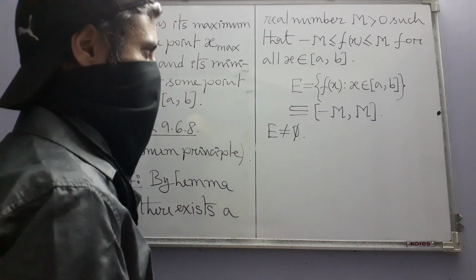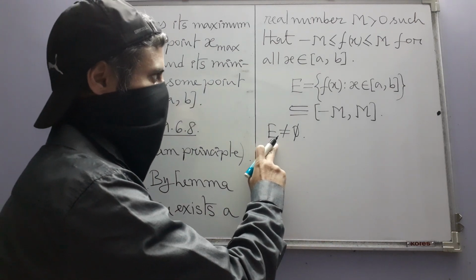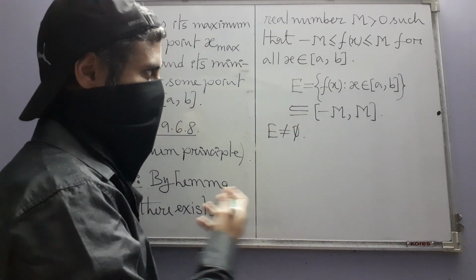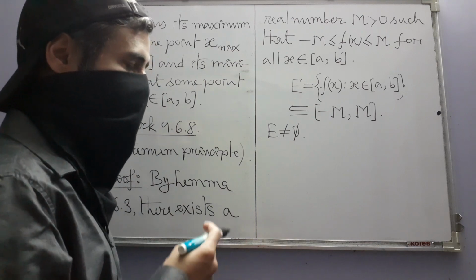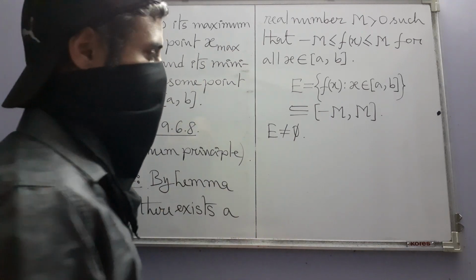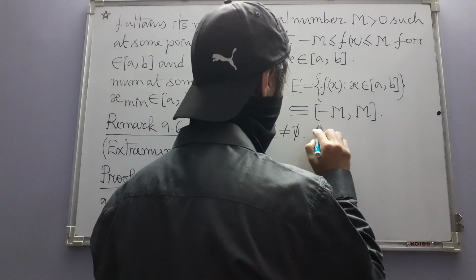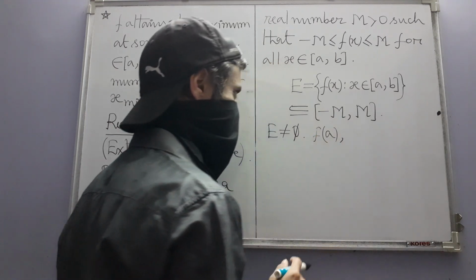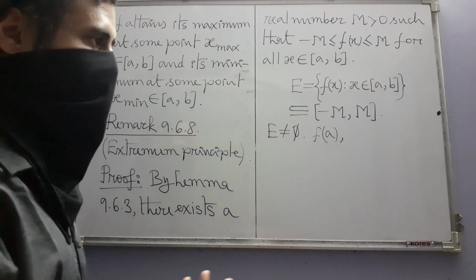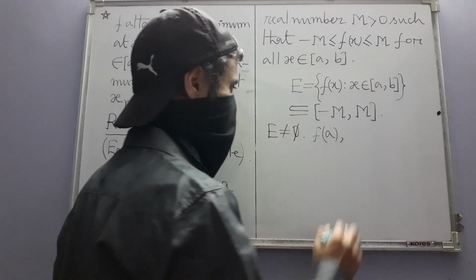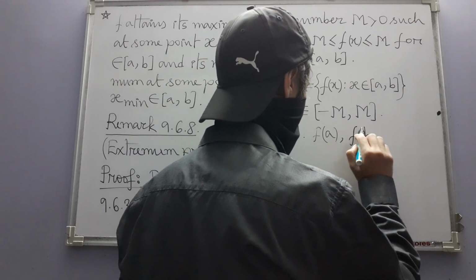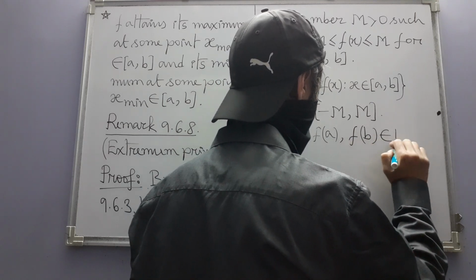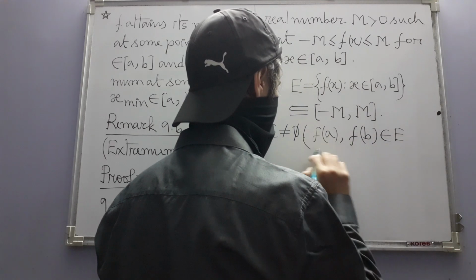There should be a reason for that. Can you see immediately at least one element in E? Well, of course. For example, f of A is in E because you can take x equal to A. Similarly, f of B is also in E because of this reason.